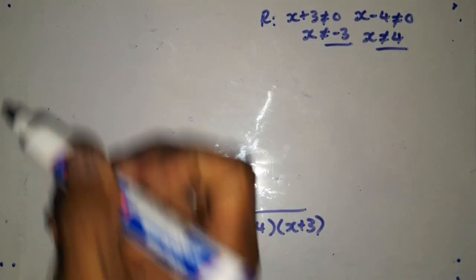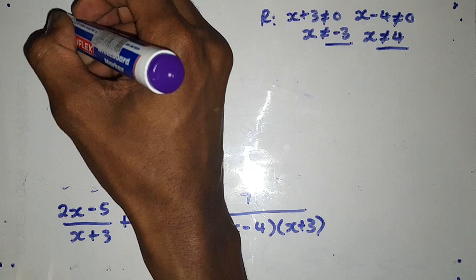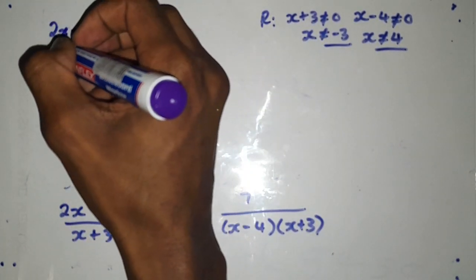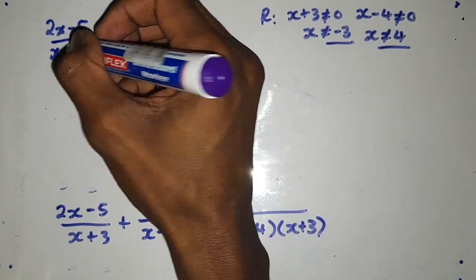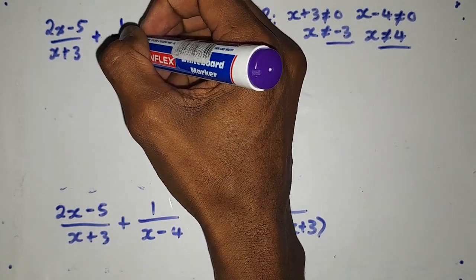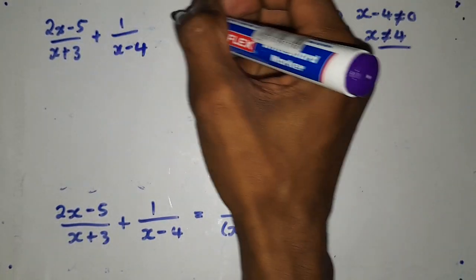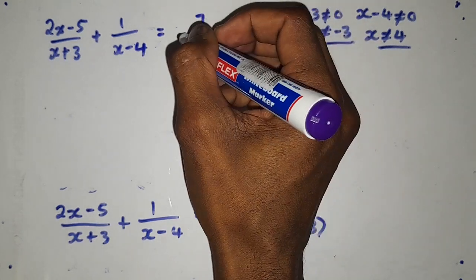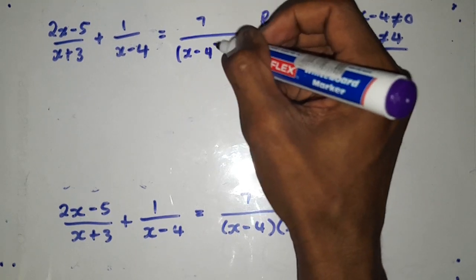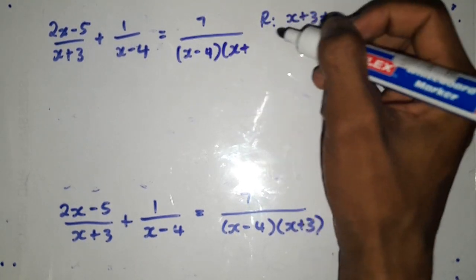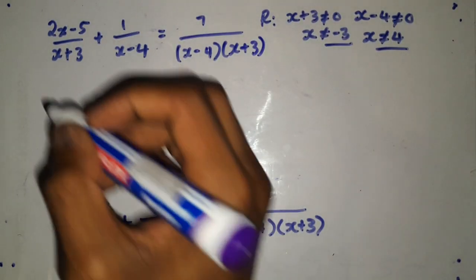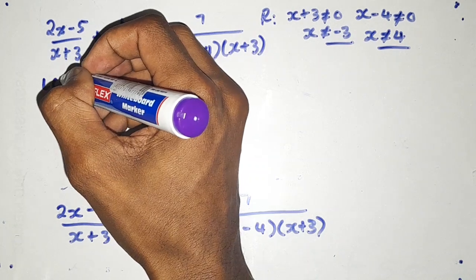Then now I have 2x minus 5 over x plus 3, plus 1 over x minus 4, equals 7 over (x minus 4)(x plus 3). Then from here I can figure out the value of the LCD.